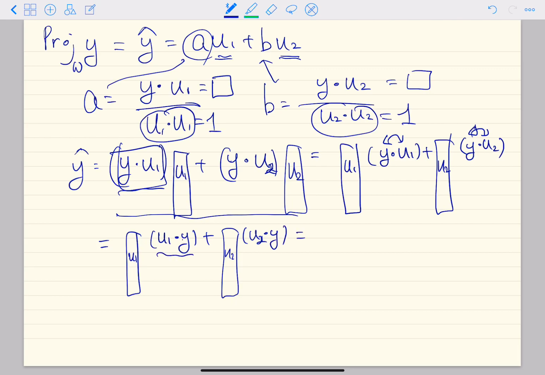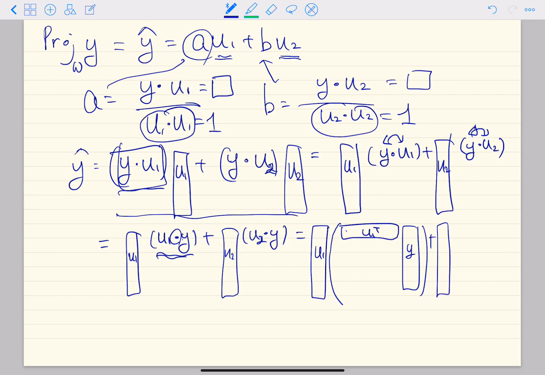And then, in this inner product representation, let's rewrite it into matrix multiplication form, where we have u1 over here, and then this inner product, we still have parentheses, u1 transpose y, right? And then u2 and u2 transpose y.